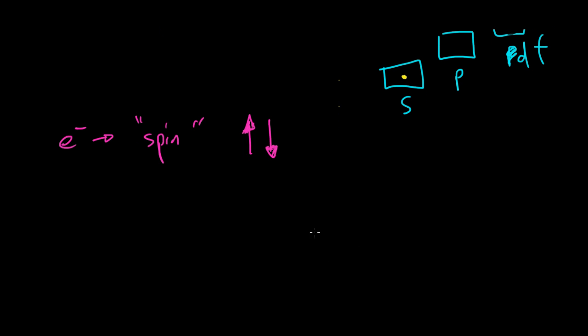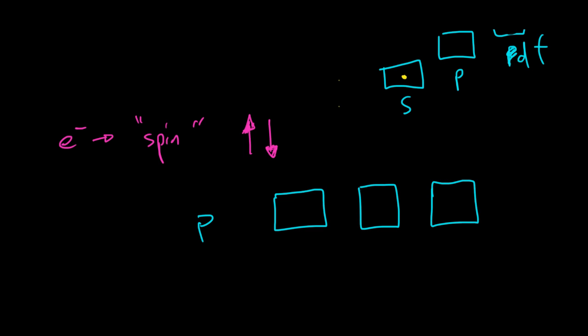So Hund's rule describes this by saying that they occupy orbitals as single unpaired electrons with the same spin, and they only begin to pair up when there are no more empty orbitals. So if we look at the p sublevel, we know that it has 3 p orbitals in it.